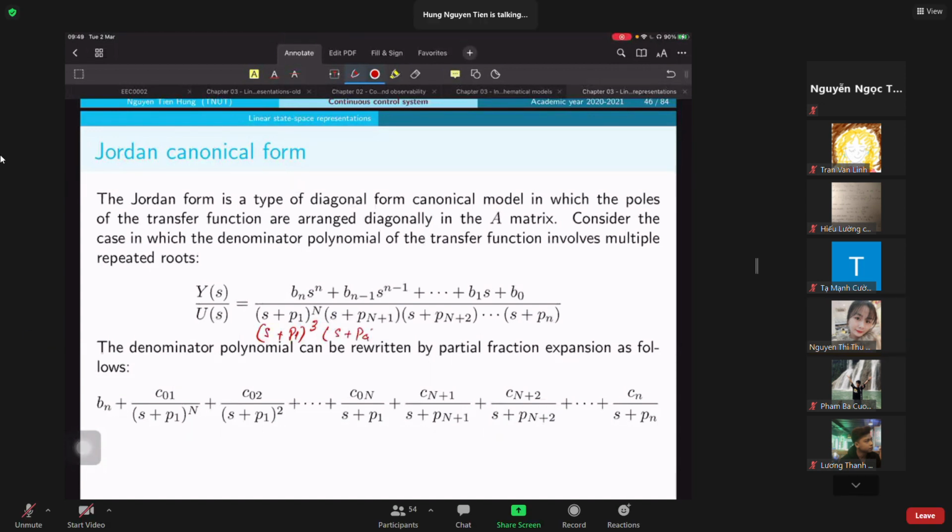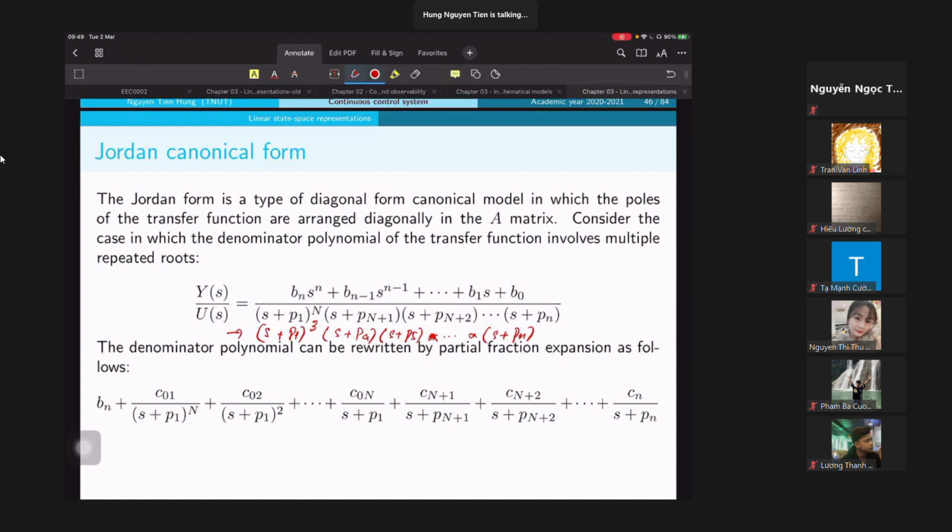In the denominator we have S plus P5, and so on, up to S plus Pn.